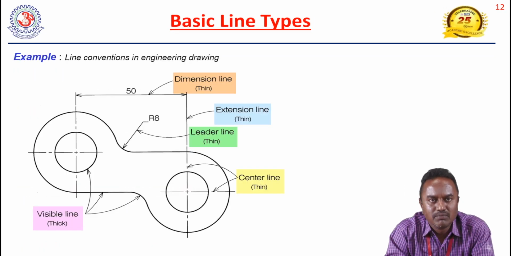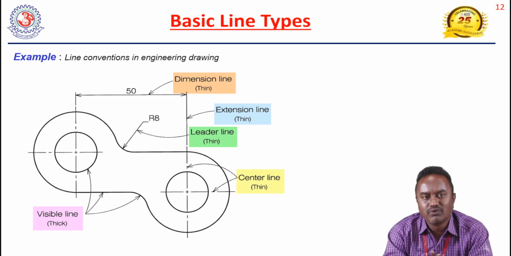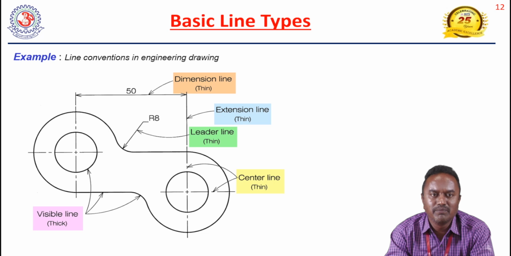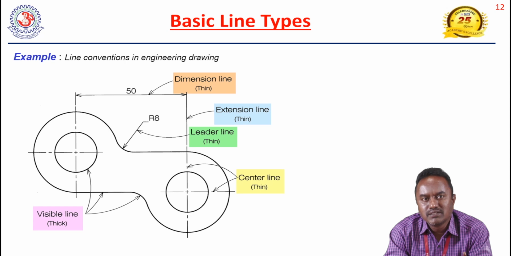This is an example of line conventions in engineering drawing. First, the object line or visible line. All the outer lines are made by means of a thick line, that is a visible line. Simply said, that is called the object line. The second is the dimension line, which is a thin line.